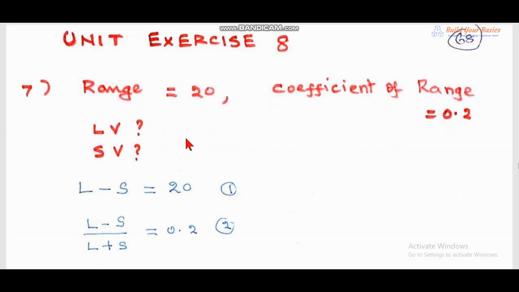By definition of range, largest value minus smallest value is the range. So L minus S, that is the range, equals 20, given. Equation 1. Then by definition of coefficient of range, L minus S divided by L plus S is equal to 0.2.